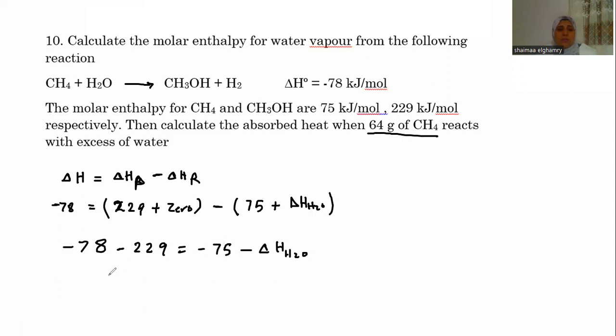So negative delta H of water, H2O, equals, we'll move this to the other side, but first, negative 78 plus negative 229, negative 307, plus 75.